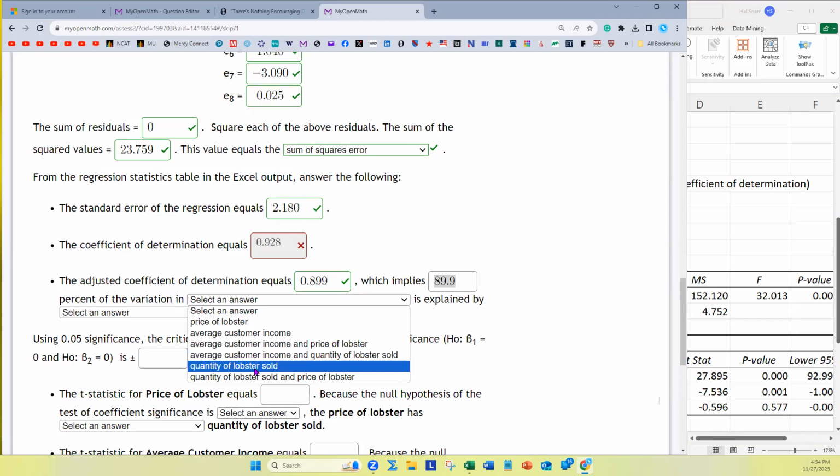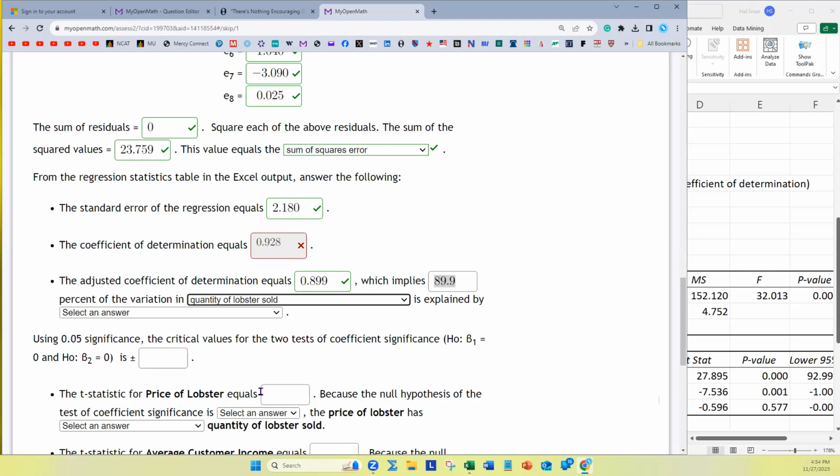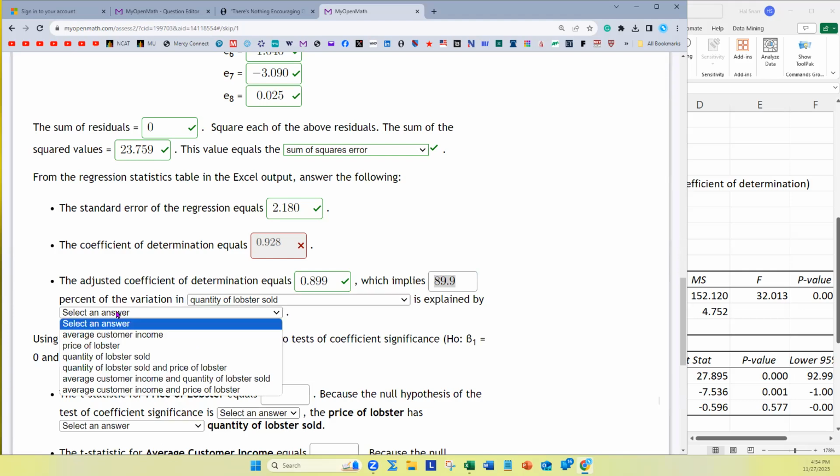Yeah, we're predicting the quantity of lobster sold, right? So that 0.899, my adjusted coefficient of determination, implies that 89.9% of the variation in the thing that I want to predict, in this case, quantity of lobster sold, is explained by what?